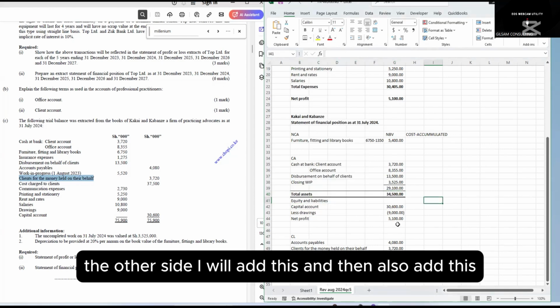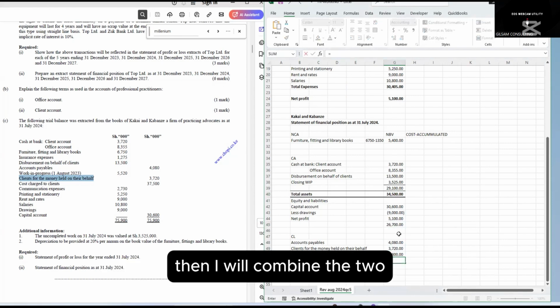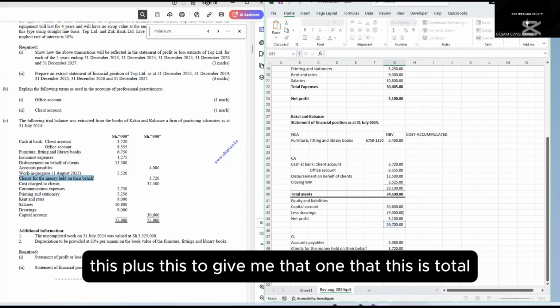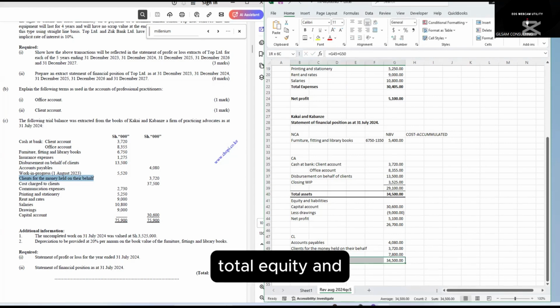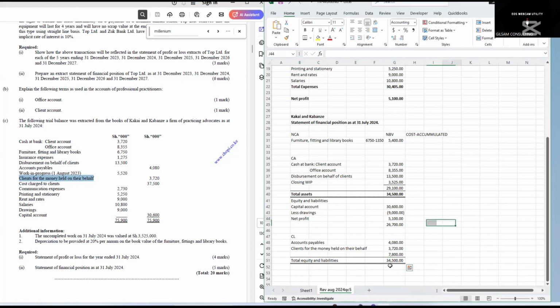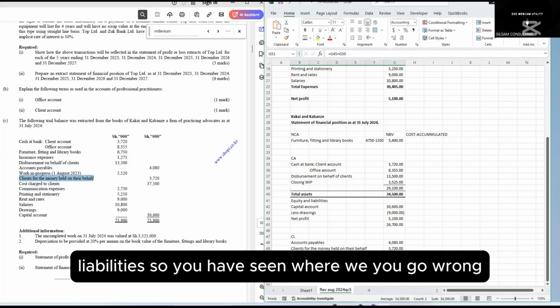The other side, I will add this and then also add this. Then I will combine the two to give me total equity and liabilities. So you have seen where you went wrong.